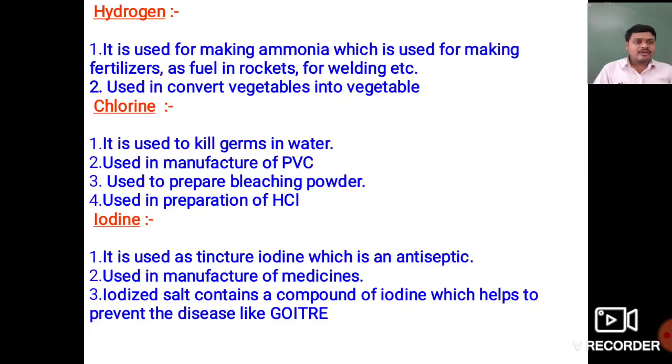And then one more very important concept related to iodine, that is what we call iodized salt. Have you heard this name, my dear students? What do you mean by iodized salt? Why do we have to consume iodized salt? Yes, the common salt we consume contains a rich amount of iodine.